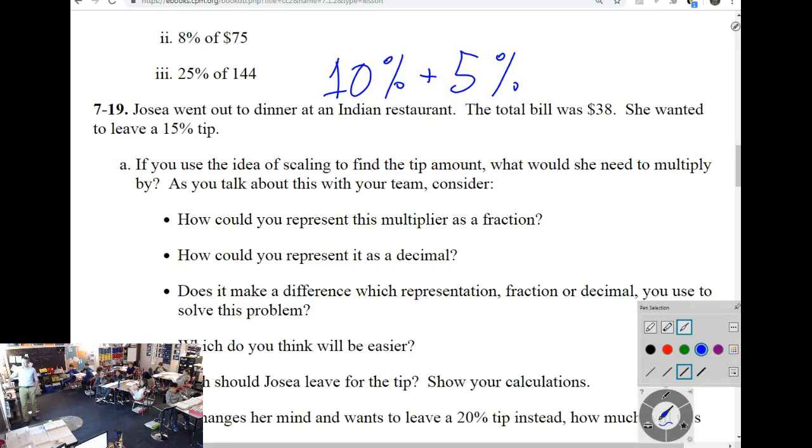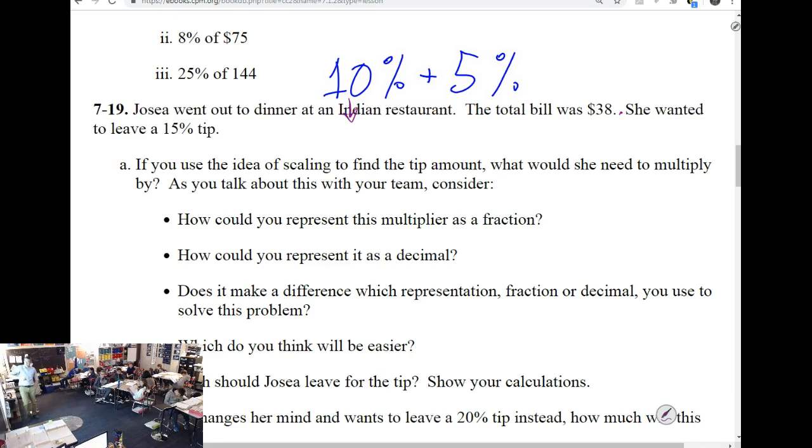How do we find 10%? You divide it by 10. As George told us, we just bump the decimal. So 10% is $3.80.